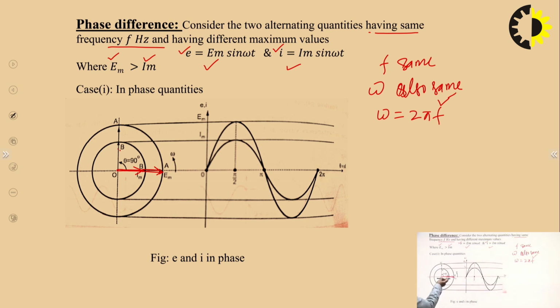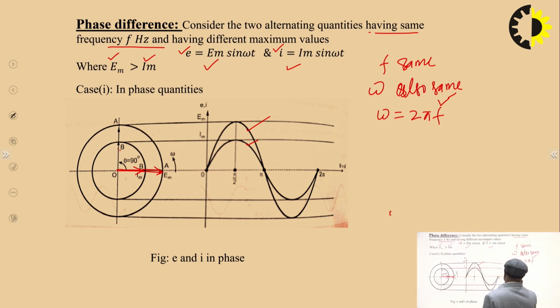It means when they are in phase, they will be continuously aligned because their frequency and angular speed are the same. This is the waveform of current, and this is the waveform of voltage. So this is the meaning of E and I being in phase, and there is no phase difference.